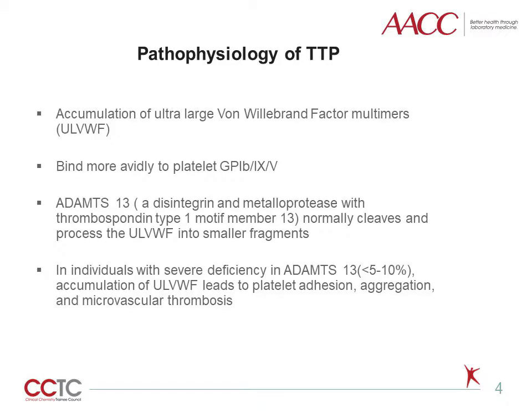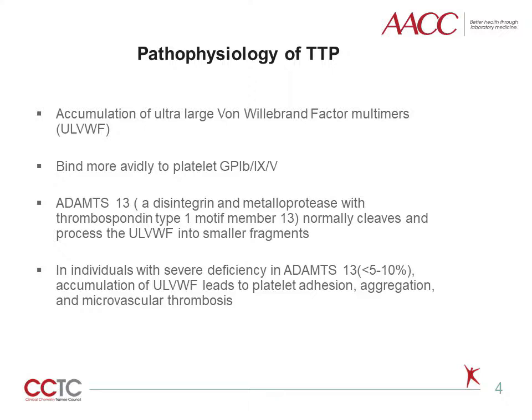The pathophysiology of TTP is attributed to the accumulation of ultra-large von Willebrand factor multimers that bind more avidly to platelet glycoprotein 1b, causing platelet adhesion and aggregation that leads to microvascular occlusion. The ADAMTS13 normally cleaves and processes the ultra-large von Willebrand factor into smaller fragments.